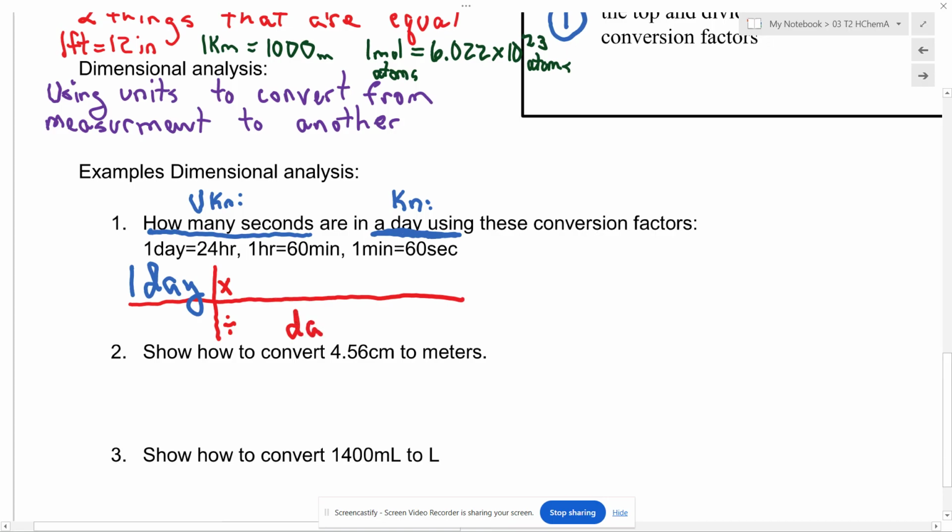I'm going to put day, D-A-Y, here, because they factor to 1, and I can just cancel them and drop them out of the equation. And I'm going to say there are 24 hours in one day.